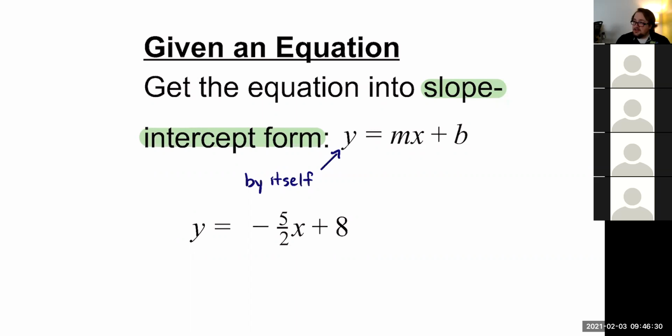Once that's accomplished, you can identify two very important parts. The first one we just introduced today is our m, which represents our slope. So right off the bat, with the equation in slope-intercept form, you automatically can pick out the slope. It is the value next to the x.